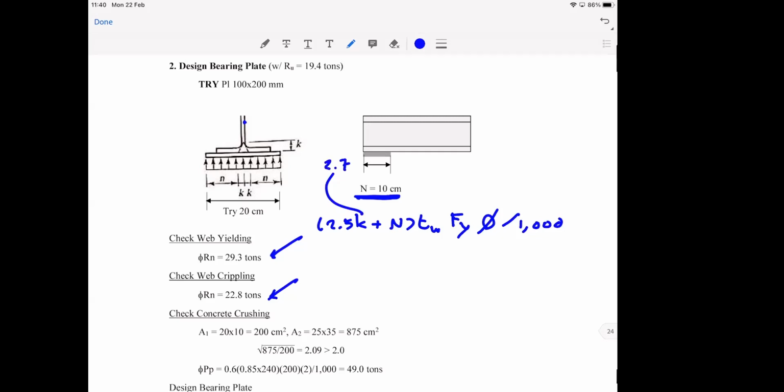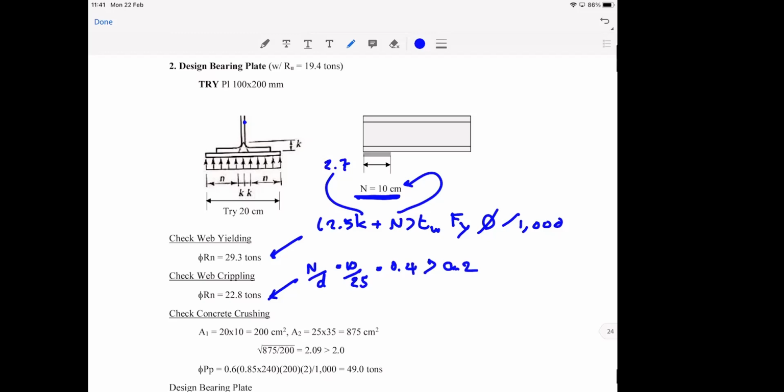Remember, we look at it, and N here is 10. And for web crippling, you need to check your N over d ratio to pick the formula. N is now 10, d is 25, right? So it is roughly 0.4, and for 0.4 you're going to use the formula for N over d greater than 0.2. Okay, now let's take a look at the concrete crushing.